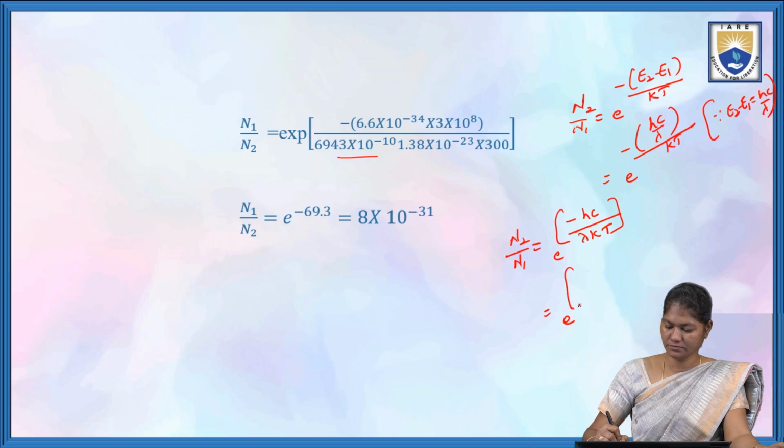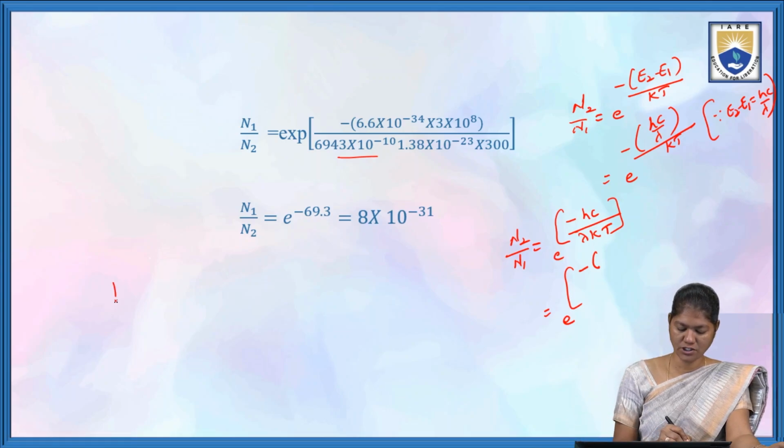So e power minus the value of h. h is Planck's constant, that is 6.625 into 10 power minus 34 joule second.